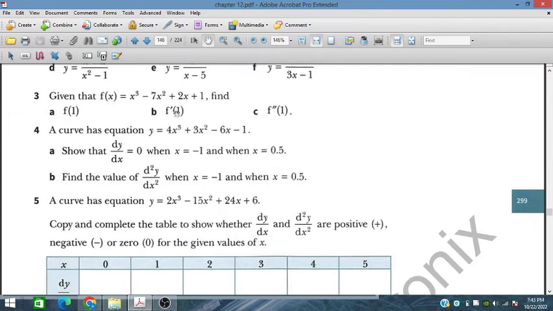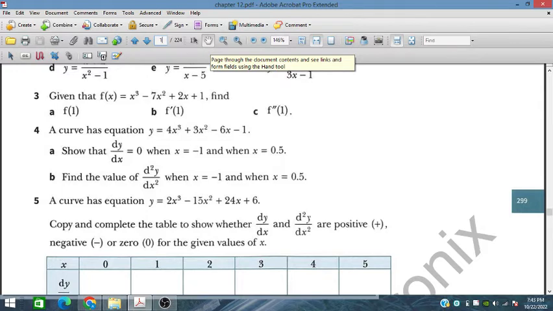Same for f dash of 1, so we'll take the first derivative and then put the value 1, and get the value. And similarly for the last one, we take the double derivative of this and then put the value. This is it. So 154. Let's move to problem number 5 and then 6, 4.